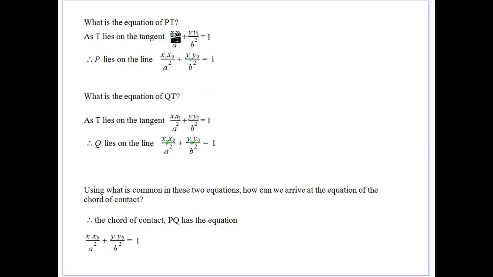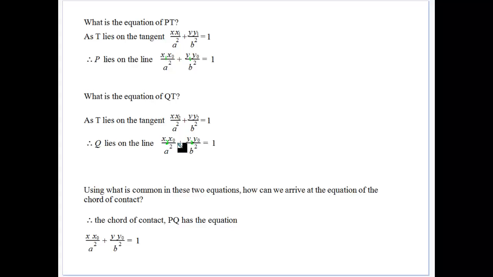When we substitute the point T, (x0, y0), into the tangent for PT, it satisfies it, because T is on that line. The same for Q. So T lies on both lines.